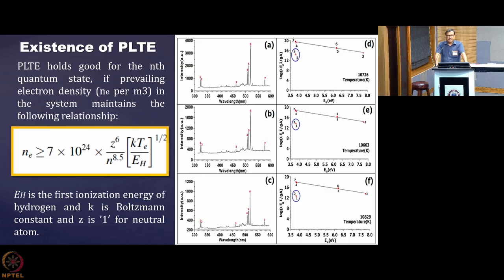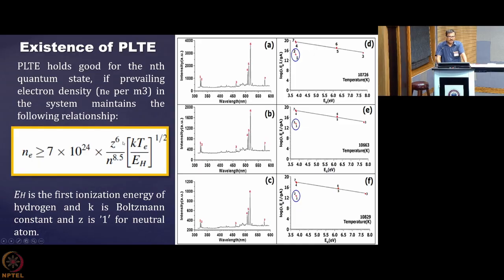Now I would like to draw your attention to the PLTE issue while you are measuring the temperature. Partial local thermodynamic equilibrium holds good for the nth quantum state if the prevailing electron density, in number per meter cube, in the system satisfies a relationship of being greater than this expression.